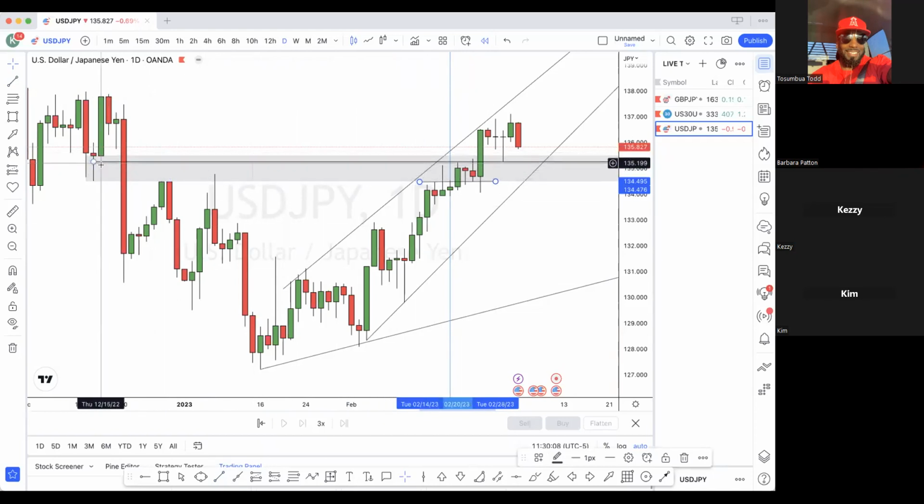This is a violated order block to pull back for your 100 pips. So it came back 79 and then went up and then came back. So that would have been 100 pips right there.